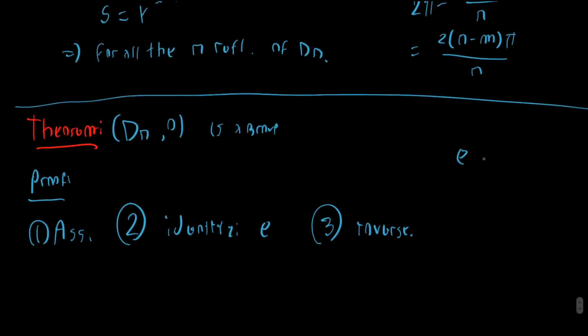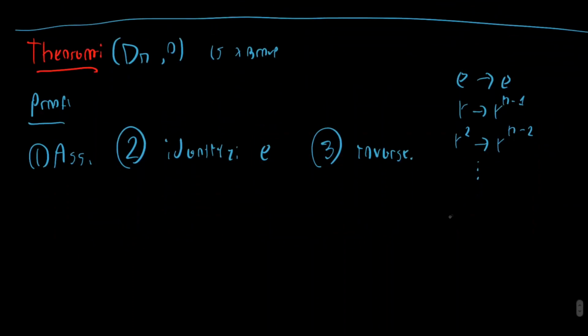If we want to write it in a slightly more extended way, the inverse for E is E, and the inverse for R is R to the n minus 1, if n is the order of the group. Then the inverse of r squared is r to the n minus 2, and so on. And the inverse of r to the n minus 1 is r.